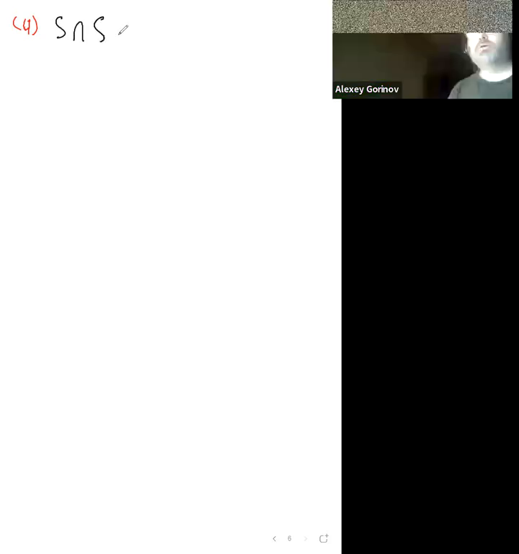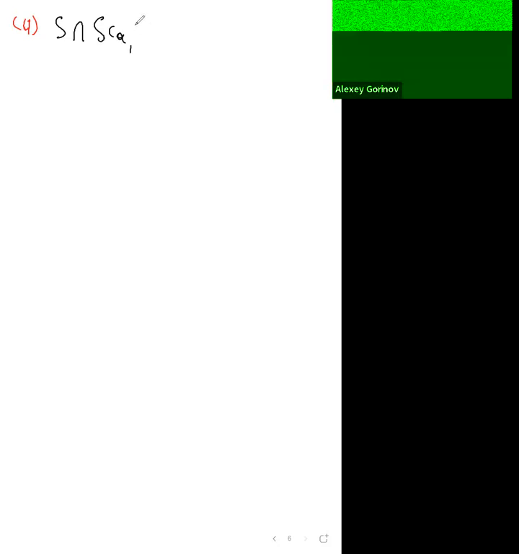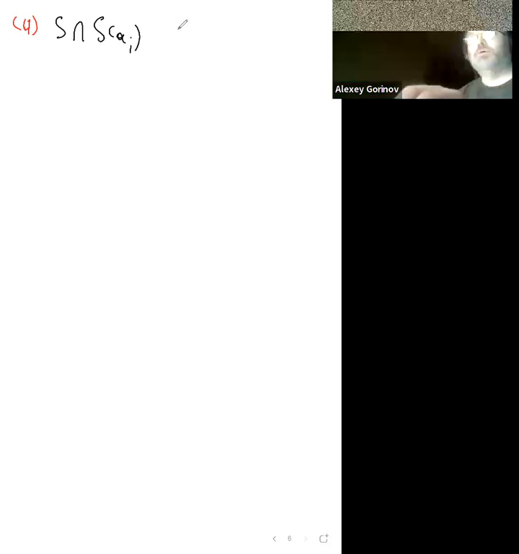S intersected with S of A, I will shortly explain what this means, is the same as for the standard cylinder.